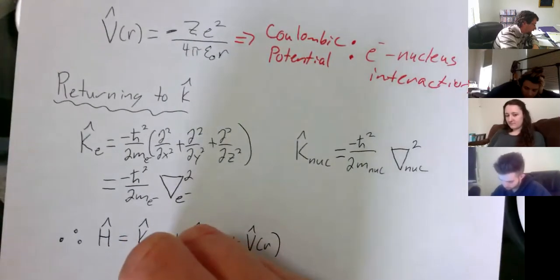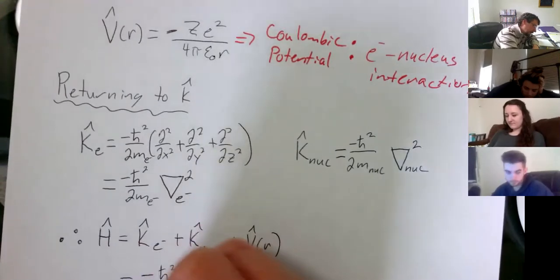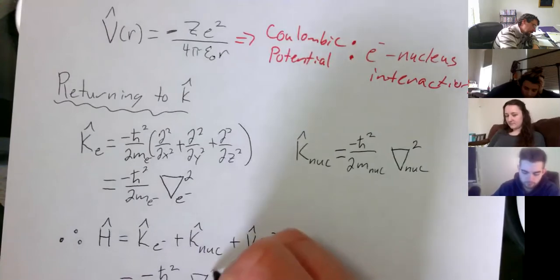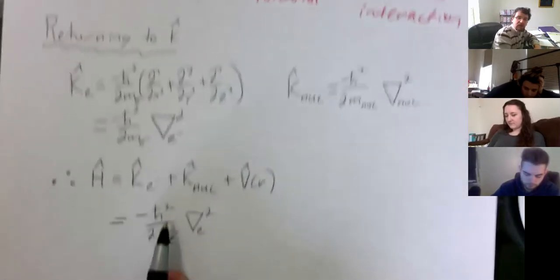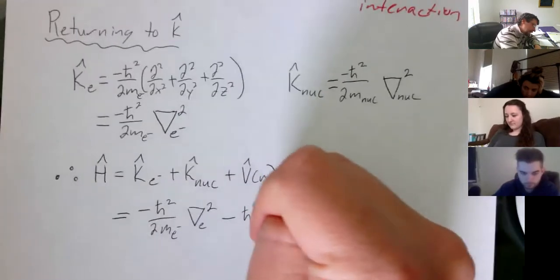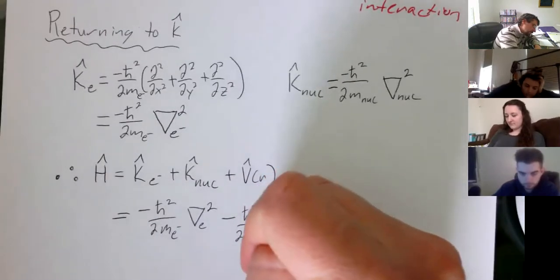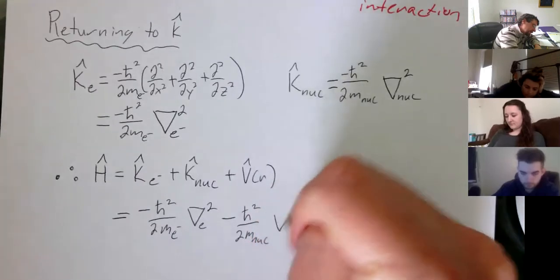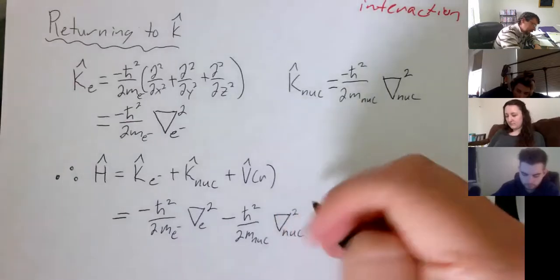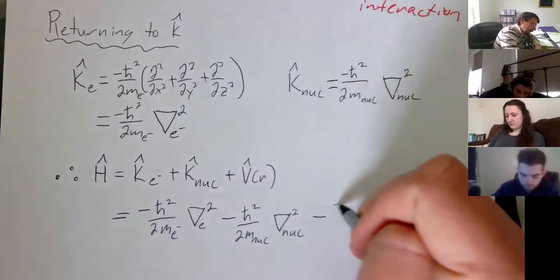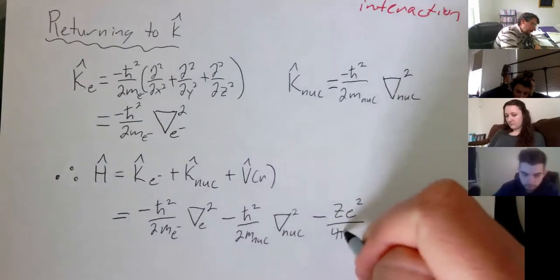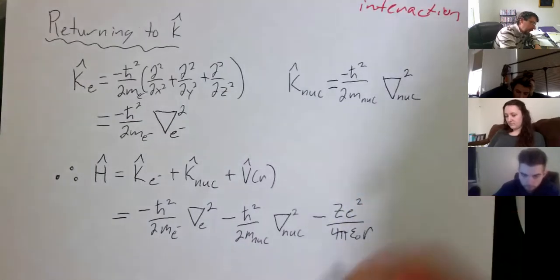So our Hamiltonian looks like negative h bar squared over 2 m_e, gradient of the electron squared, minus h bar squared over 2 m_nucleus, gradient of the nucleus squared, minus Z e squared over 4 pi epsilon r.